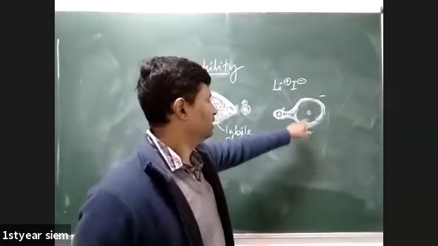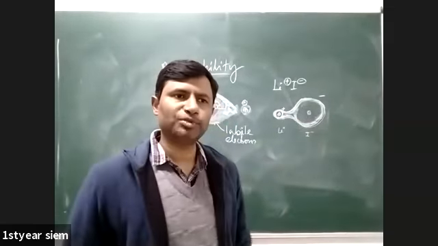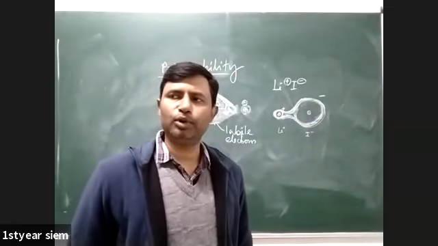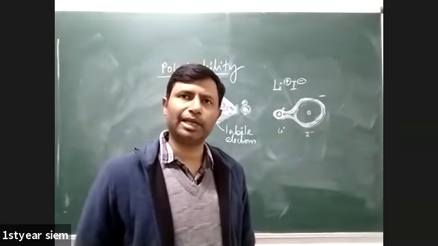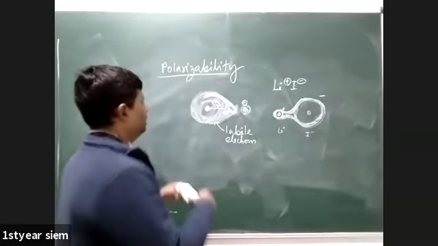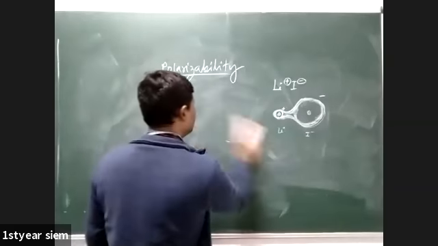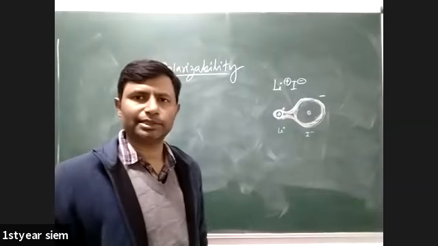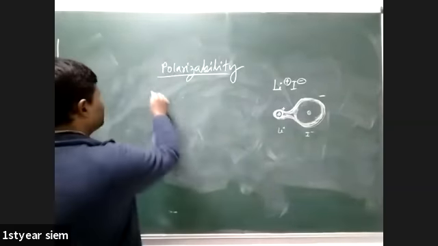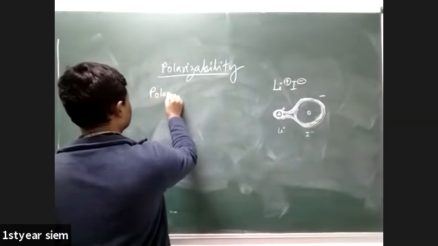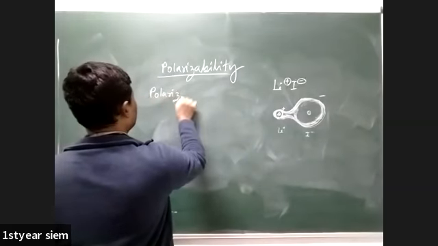Larger atoms and ions are polarizable, and smaller atoms and ions polarize.